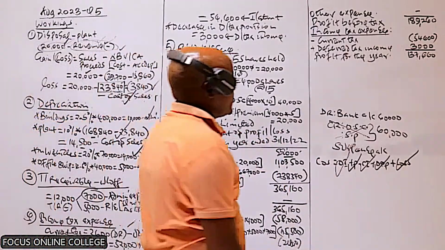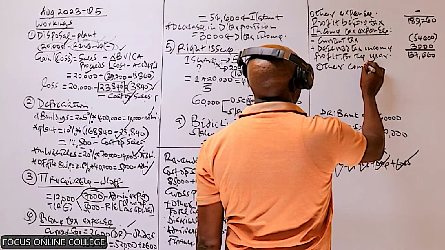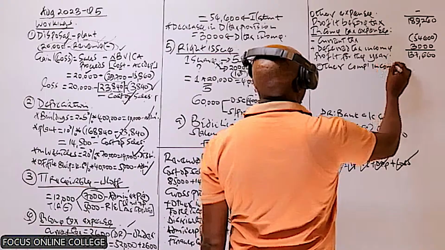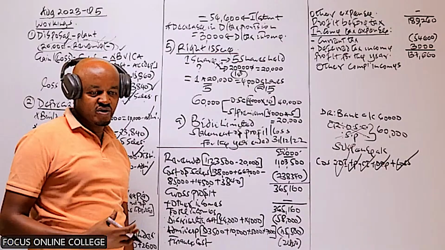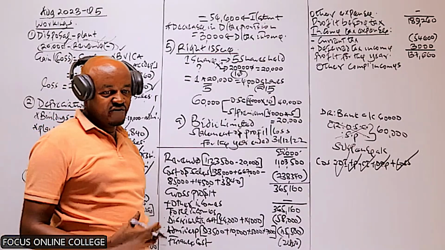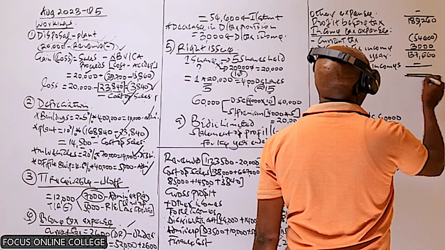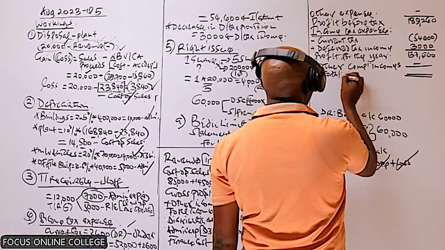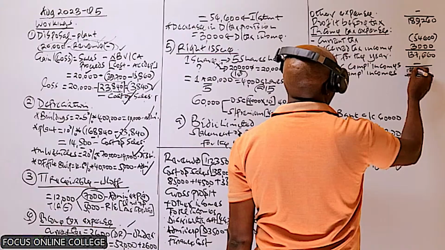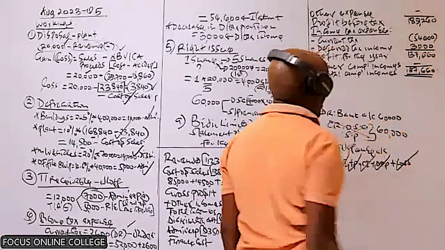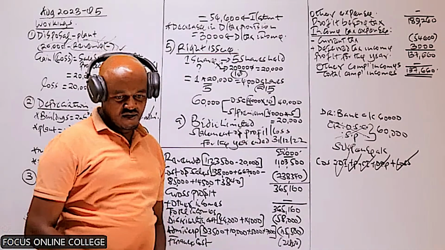So then to this, we proceed and add the other comprehensive incomes. These include the revaluation gain or loss on things like PPE. If you check this question, we don't have any revaluation gain or loss on PPE, meaning that the total comprehensive income remains 137,660.